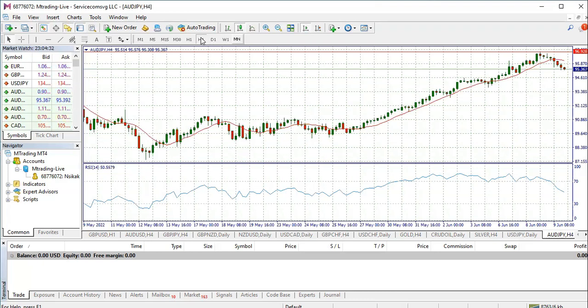Let's say I'm intraday trading. I'm a day trader. I could place the stop loss in this other location. Let me show you other locations where you can place stop loss. That's one.